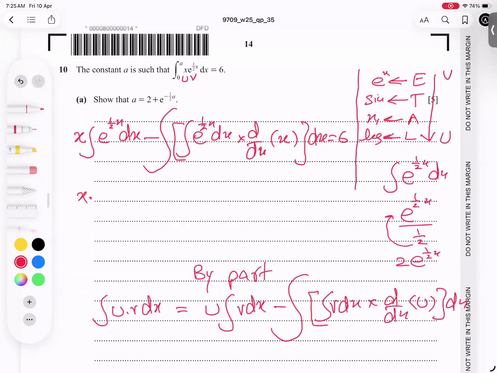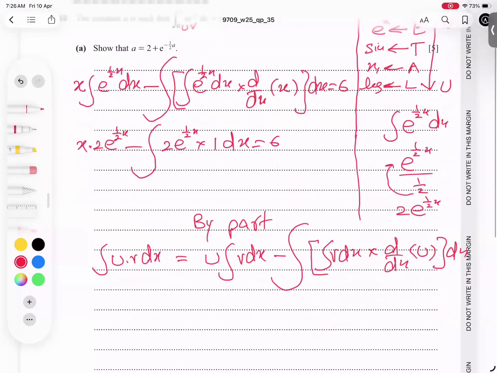So this is done. Now I'm using this here and here: 2 times e to power half x. Again, 2 times e to power half x into 1, because the derivative of x is 1, and dx must be there, equal to 6.